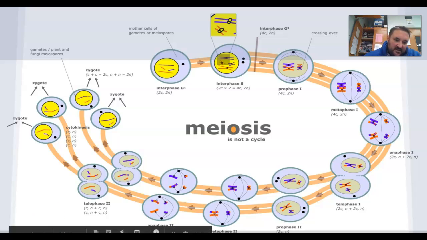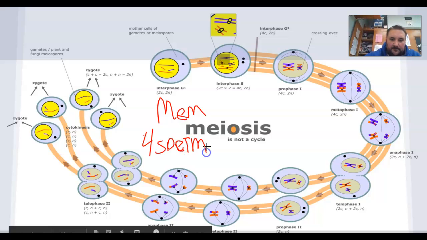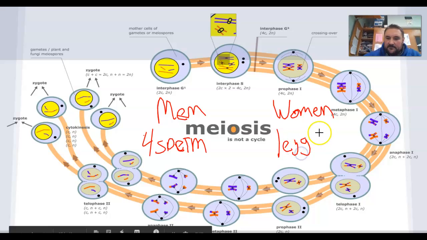In boys, or in men for that matter, you end up with 4 sperm. In women, you get 1 egg and 3 polar bodies.